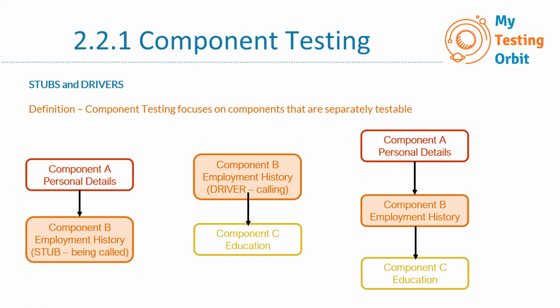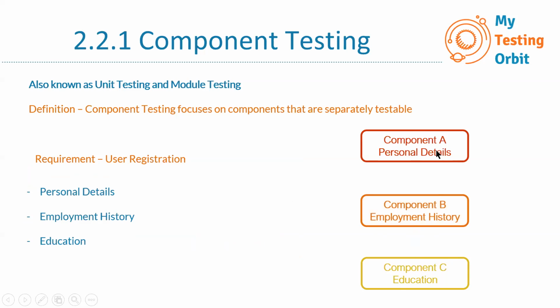Now sometimes we can also have a criteria where we have different components. Let's again go through component A, B, and C. But in this case, we have a dependency on other components. If we go back, we said these three components have no dependency on each other, so we can do it in any order.